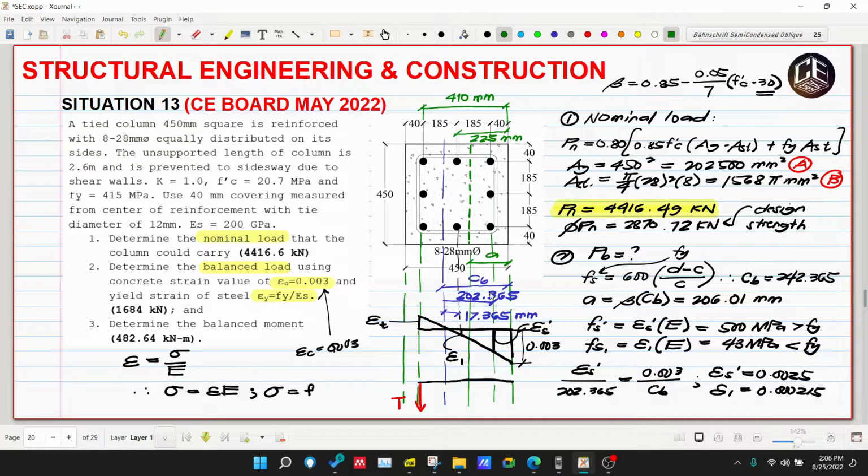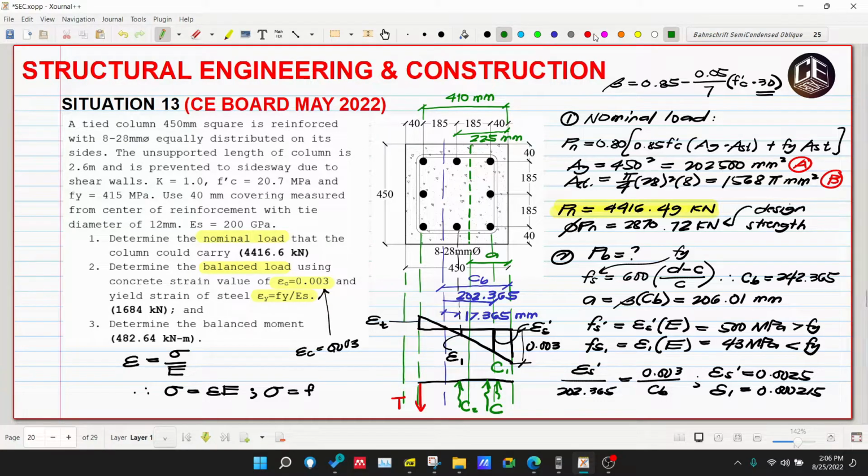So nasa gitna yun ng A. So ito yung ating C. Tapos meron tayong C1 para dito sa compression steel. So this is C1. Tapos para naman dito sa compression steel na nasa gitna kasi pasok pa rin siya sa ating neutral axis. So ito naman yung ating C2.